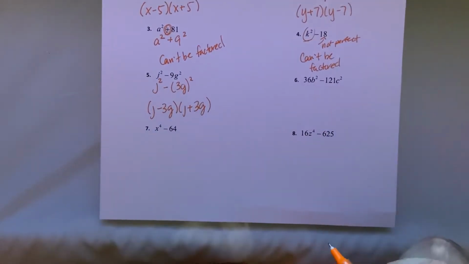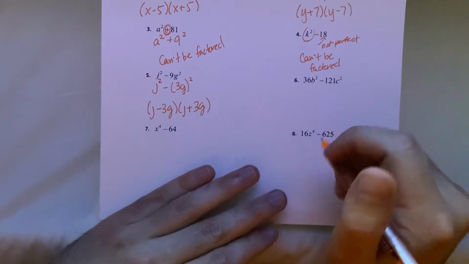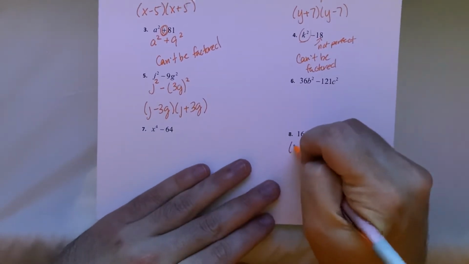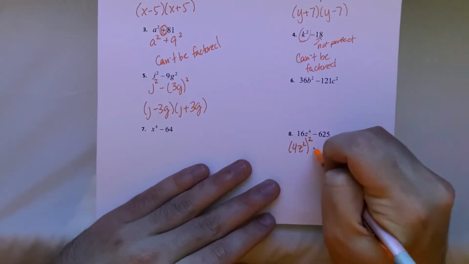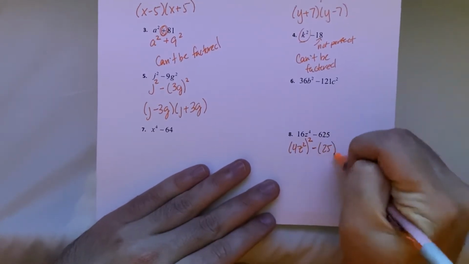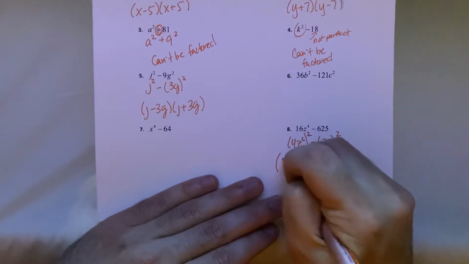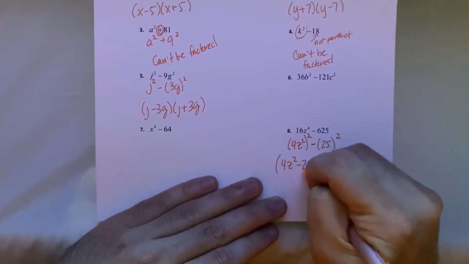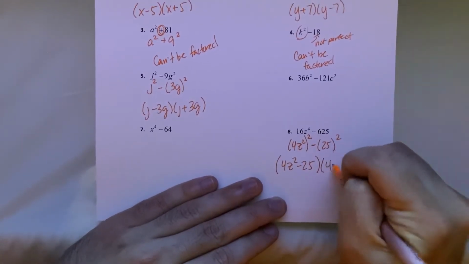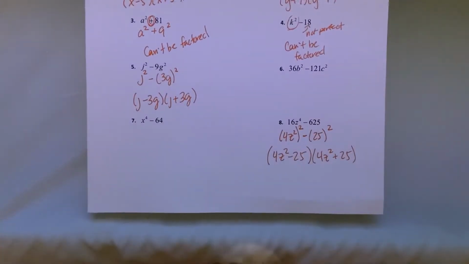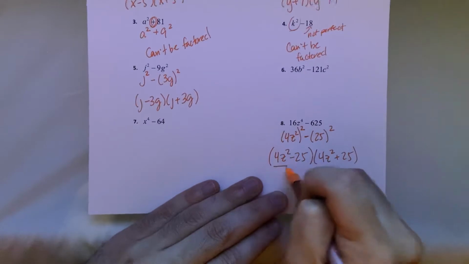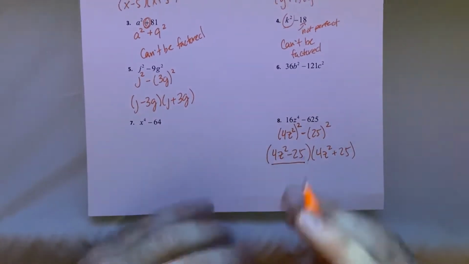16z to the 4th minus 625. These are both perfect squares. This is 4z squared squared minus 25 squared, which gives me 4z squared minus 25 times 4z squared plus 25. You might think you're done there, but look at this first factor. It's another perfect square.